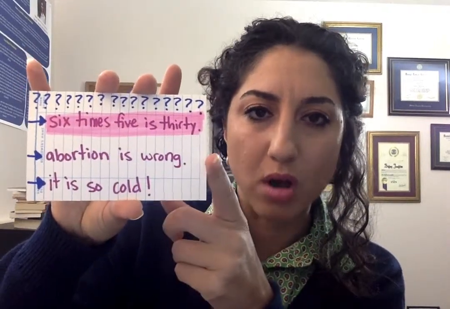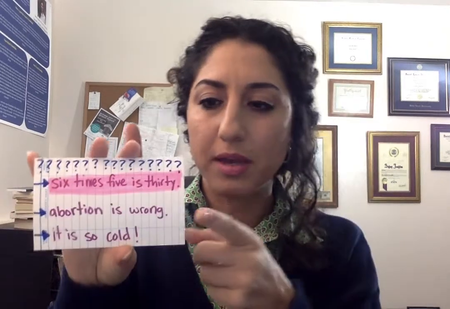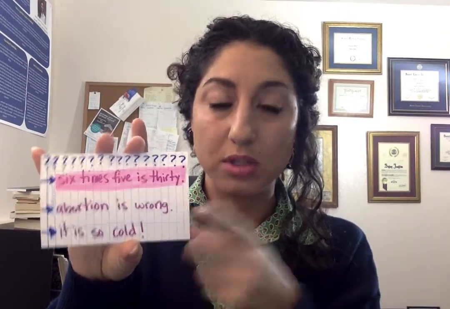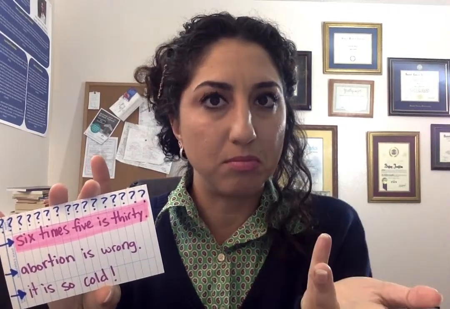Abortion is wrong. If you're a moral relativist, then you think there is no truth that abortion is wrong, and no truth that abortion is morally permissible. If you think there is no truth or falsity when it comes to a statement, then it's not a proposition, because it's not a proposition if it can't be true or false.